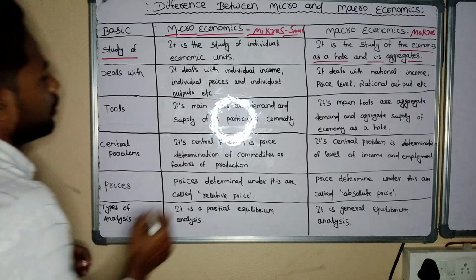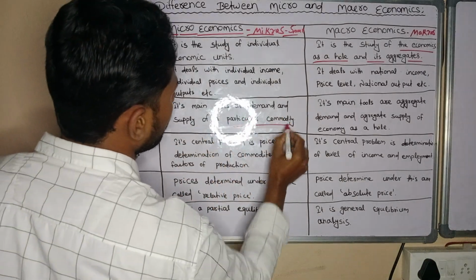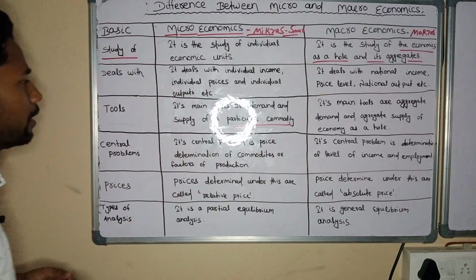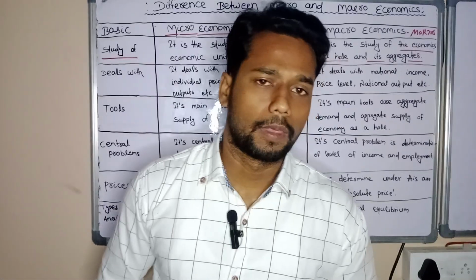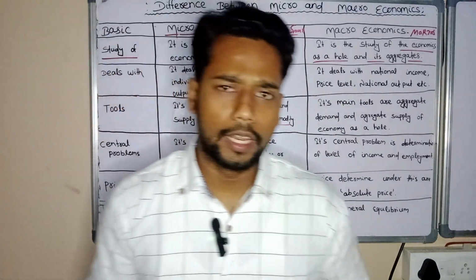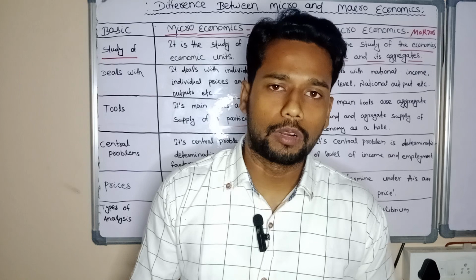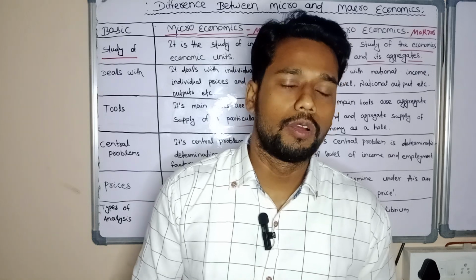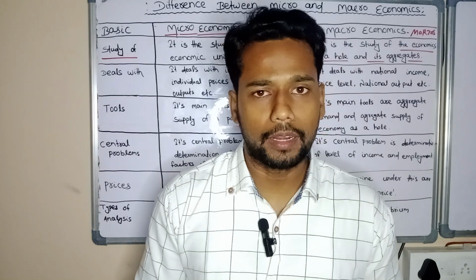Then the tools. The main tools of microeconomics are demand and supply of a particular commodity. First we have to select a product. What is the demand for this product in the market, and from where you should bring it and present it in the market?